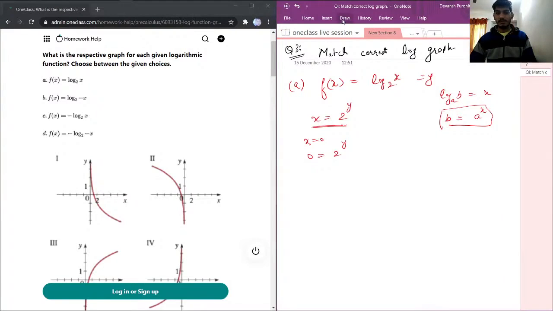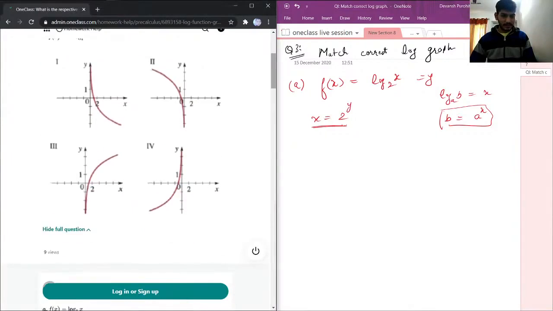So I shouldn't be using 0, because log of 0 is not defined. So I'll just skip the value for 0.